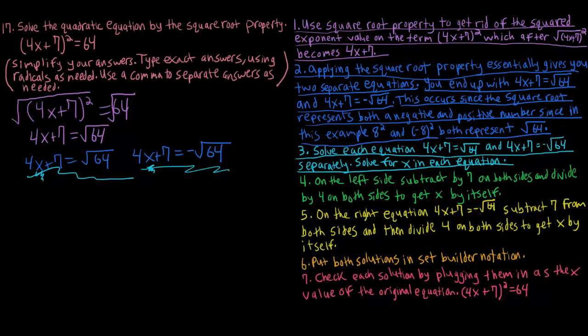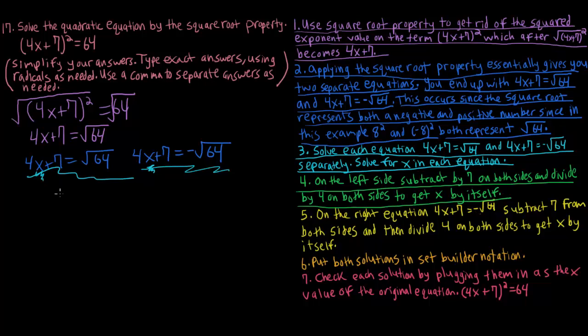Now for step 4, on the left side we need to subtract 7 on both sides and divide by 4 on both sides to get x by itself. So to get x by itself, we need to subtract 7 from both sides.